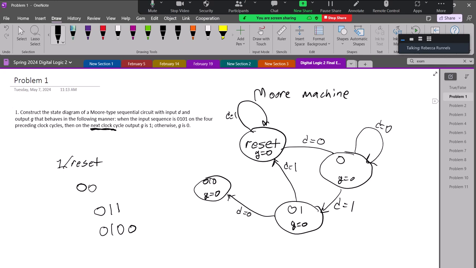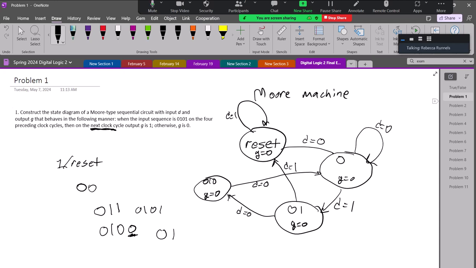Not the same one, the second one. Because all I have now is a single 0 towards my goal. Because if I want to get a 0, 1, 0, 1 on my last 4 bits, then I can only use this 0 right here because there's no sequence of 2 zeros in here. I can only use that first 0. So if I get a 0, I go back here.